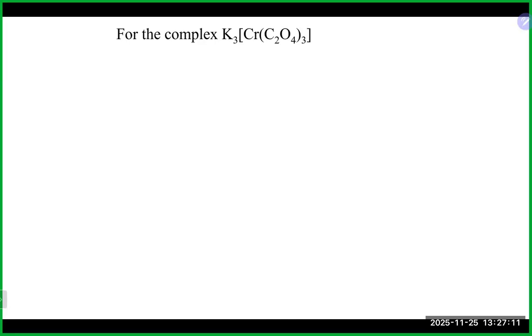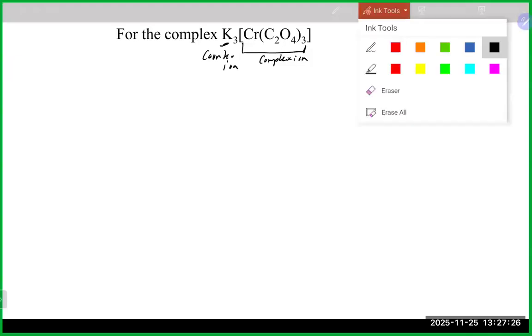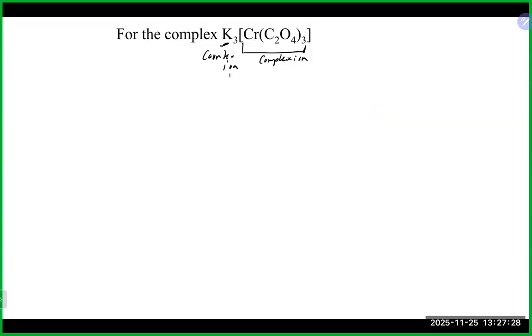Once again, when we analyze this, this is our complex ion. That is our counter ion. From the location in the formula, we know our counter ion should be positive, and our complex ion should be negative in this case. So we want to figure out the oxidation state of our metal.